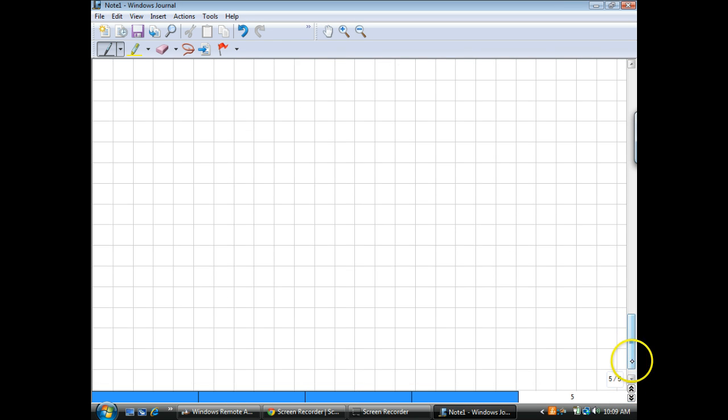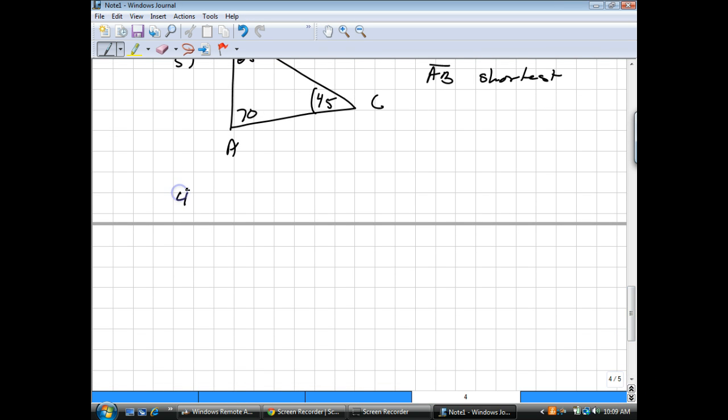Example 4. If I gave you the lengths 9, 6, and 2, is it possible for those to be the sides of a triangle?